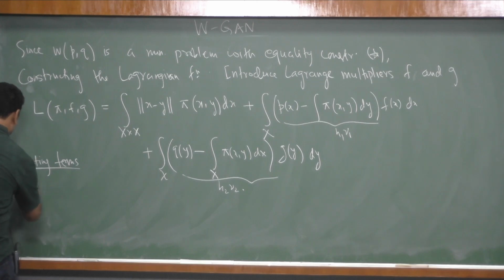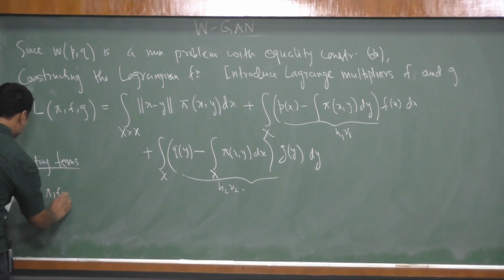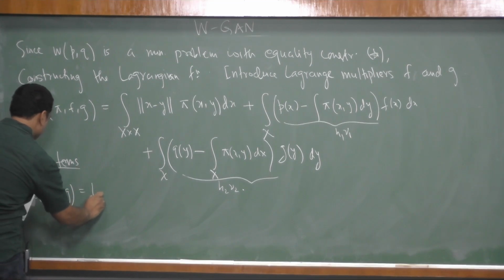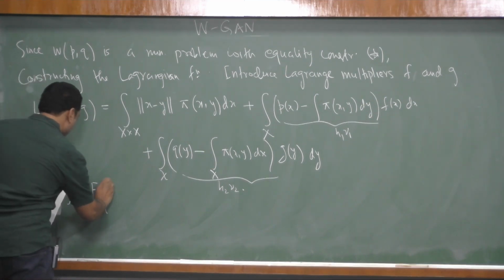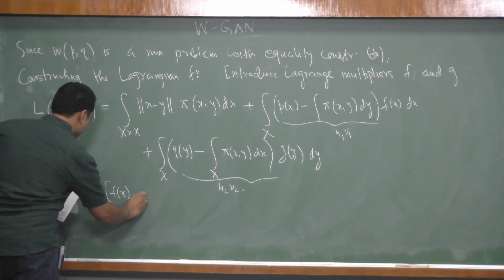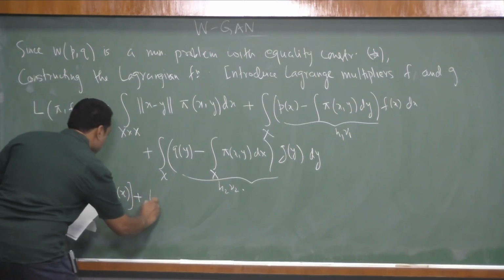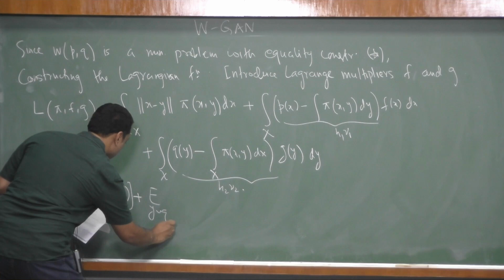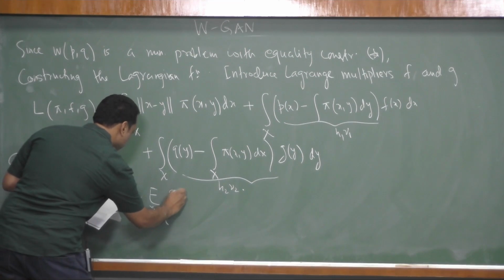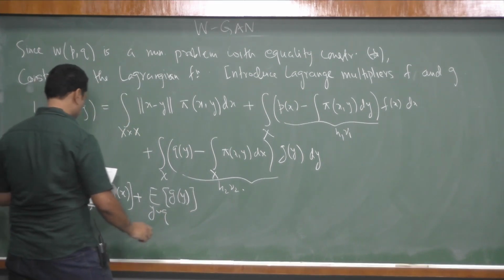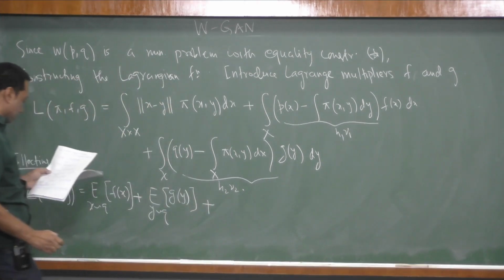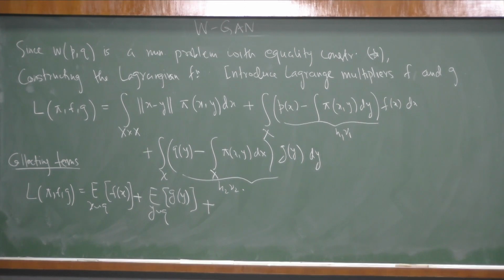we get L(pi, f, g) is the expectation of x from p, this is the expectation of f(x), plus the expectation of y coming from q, g(y), and plus the remaining terms, which all go with pi(x,y).